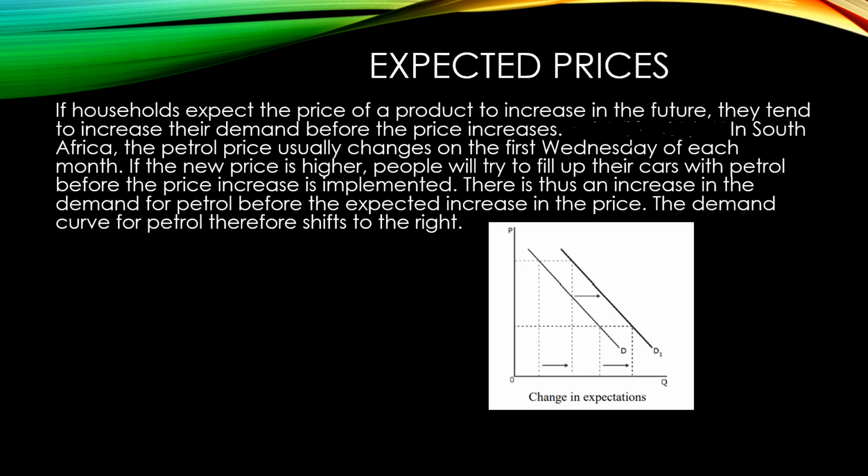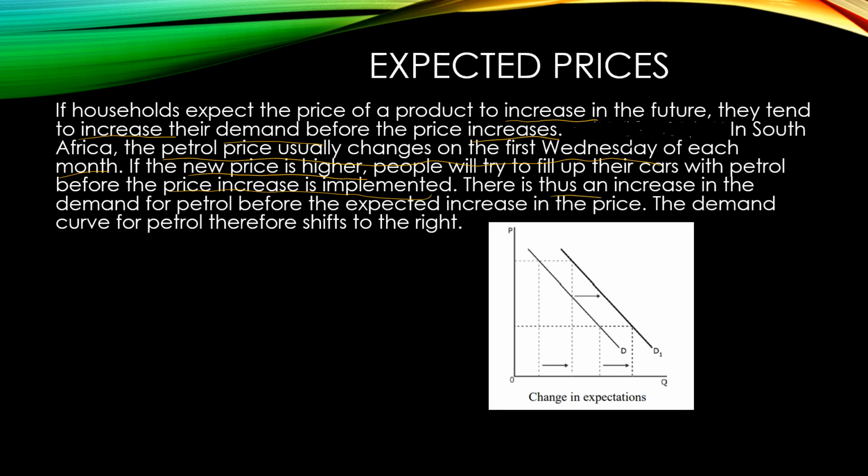Expected prices. If households expect the price of a product to increase in the future, they tend to increase their demand before the price increases. In South Africa, the petrol price usually changes on the first Wednesday of each month. If the new price is higher, people will try to fill up their cars with petrol before the price increase is implemented.